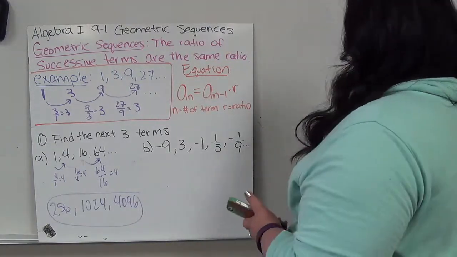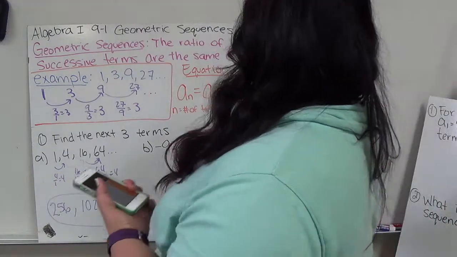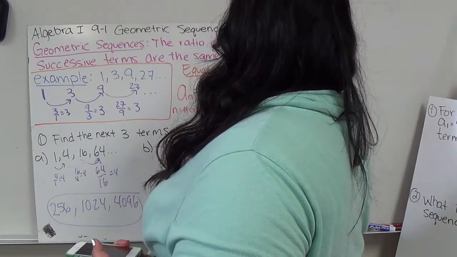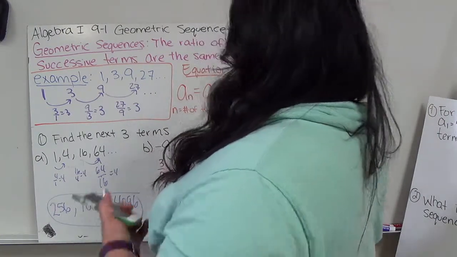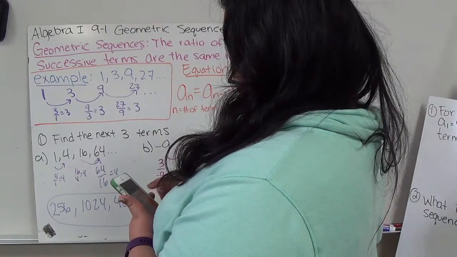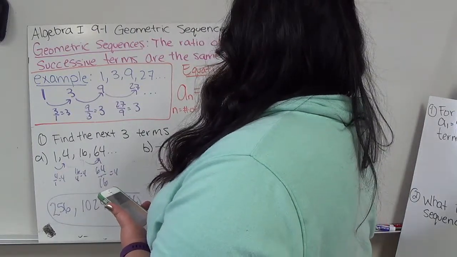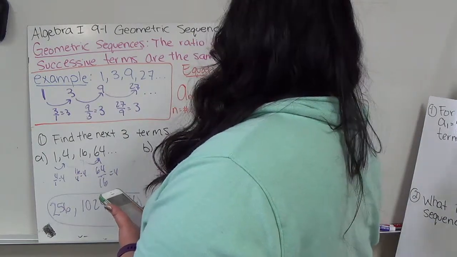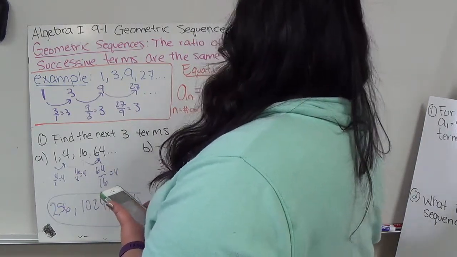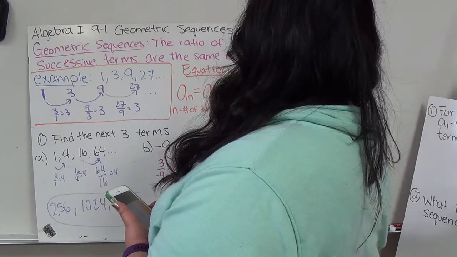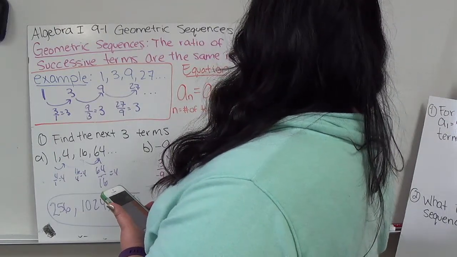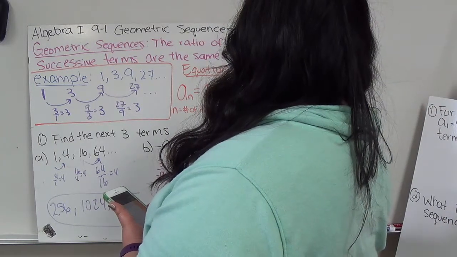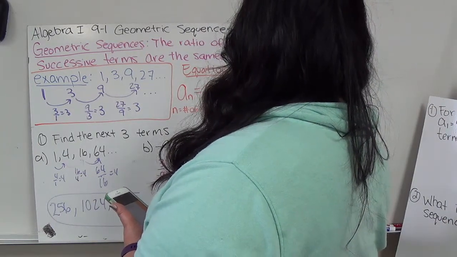Right? The next one's a little trickier. I do 3 over negative 9, which equals negative 1/3. Then negative 1 over 3 is still negative 1/3. Then 1/3 over negative 1 is negative 1/3.